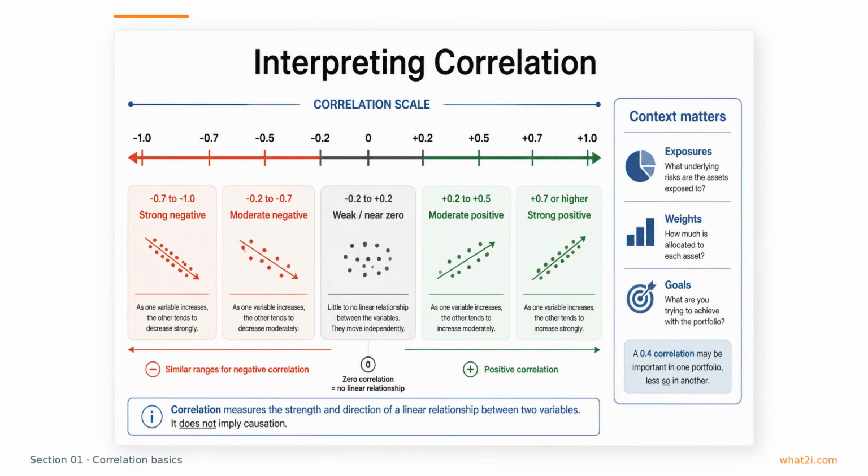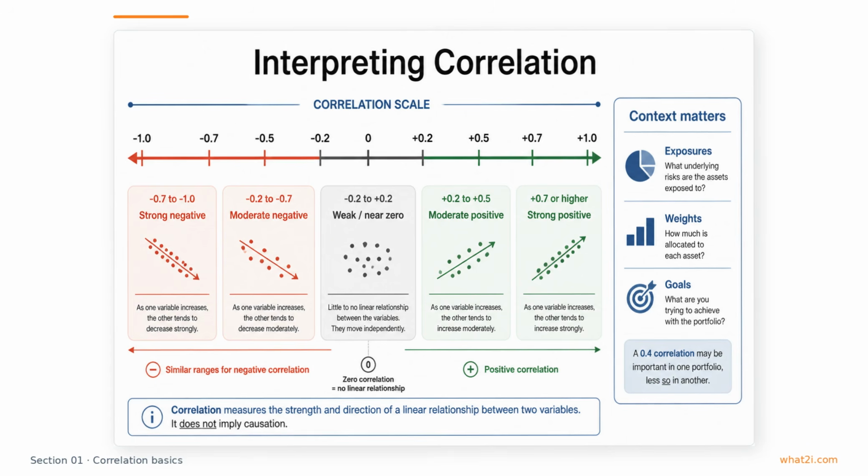In practice, investors often group correlation into rough ranges so the number is easier to interpret. Values between about -0.2 and +0.2 are often treated as weak or near zero. Positive readings around 0.25 suggest a moderate relationship, while values near 0.5 suggest a strong one.